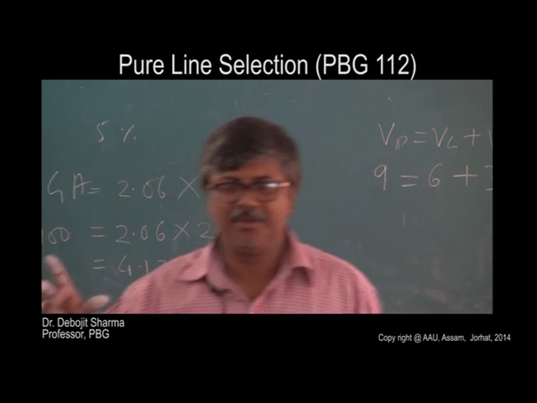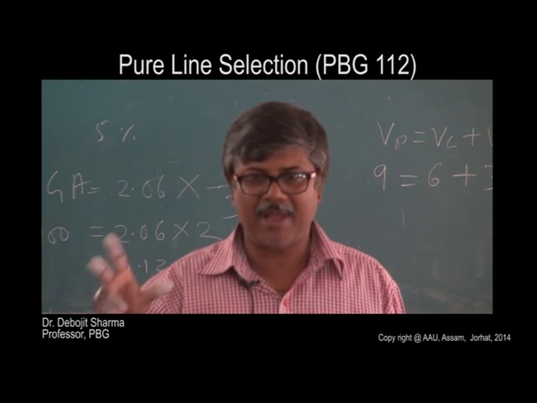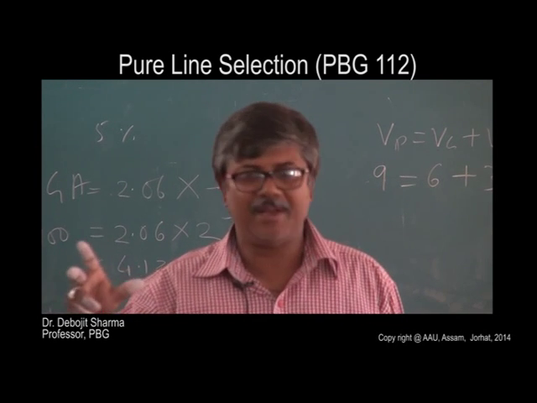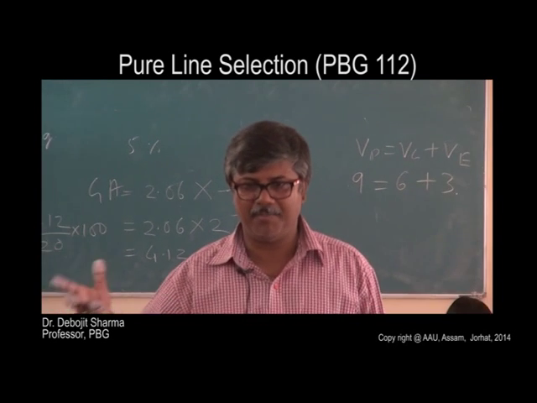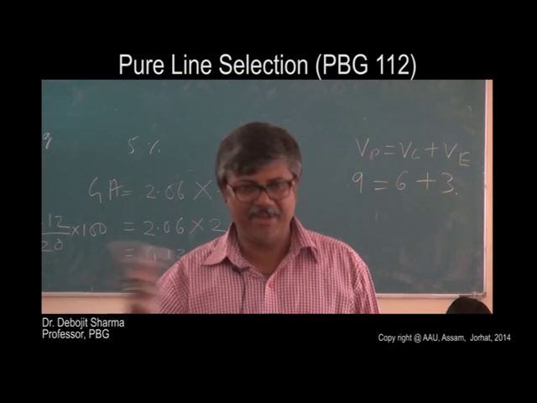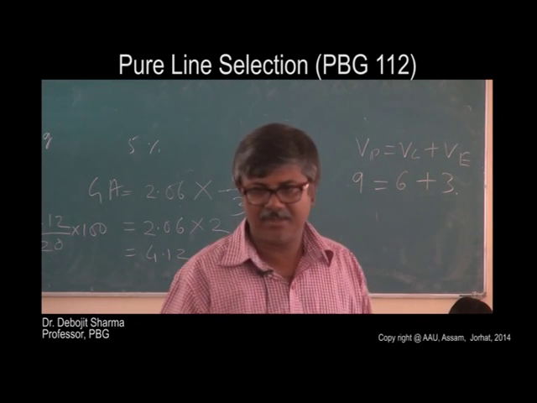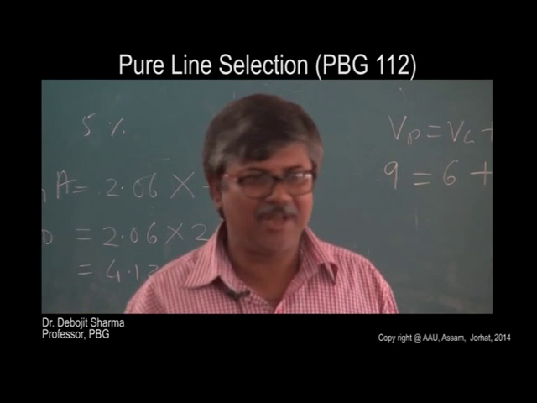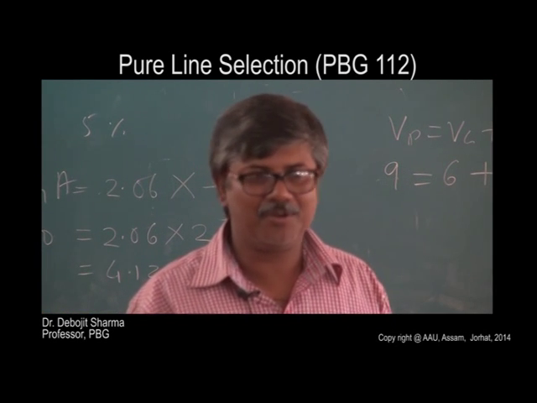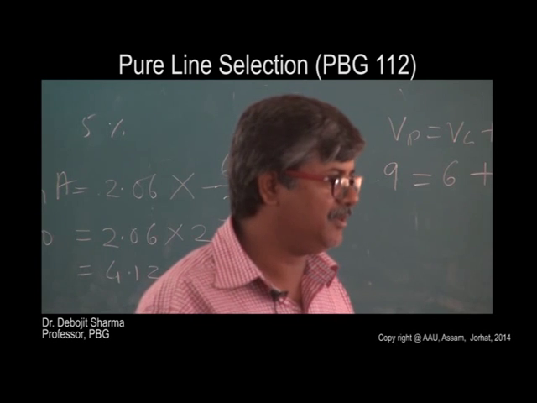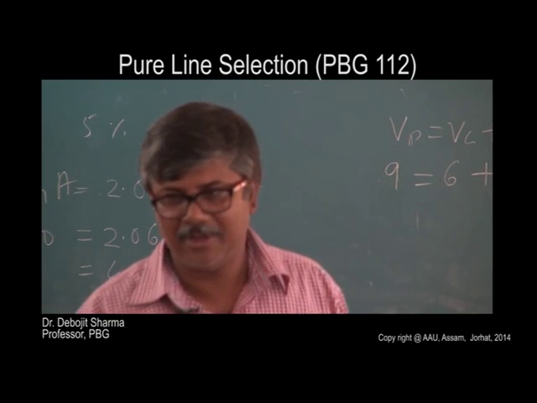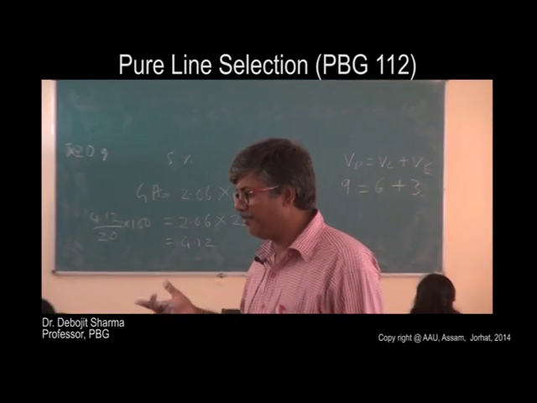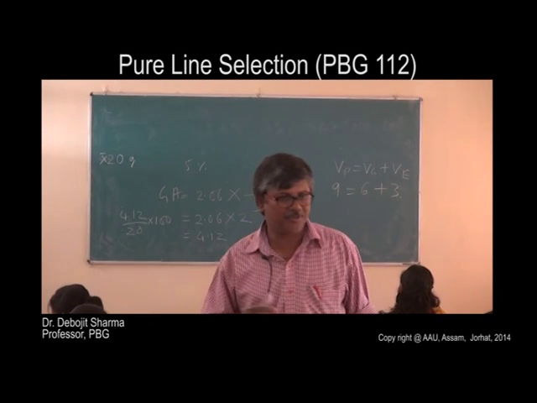When you select based on yield, 5% plants, you grow them and you find out the actual yield performance. It may not be exactly 20.6, but it may be 16, it may be 22, something else. And that variation happens why? Because genotype is also affected by the environment in which a particular genotype is grown.